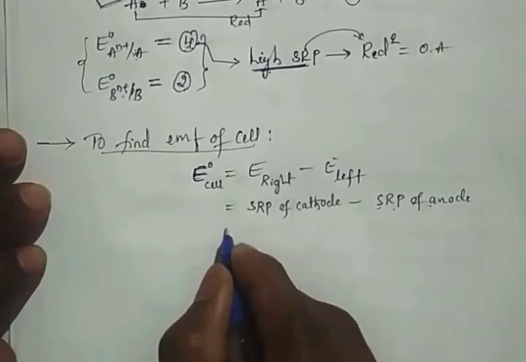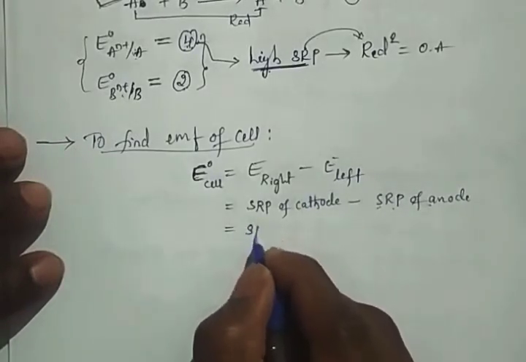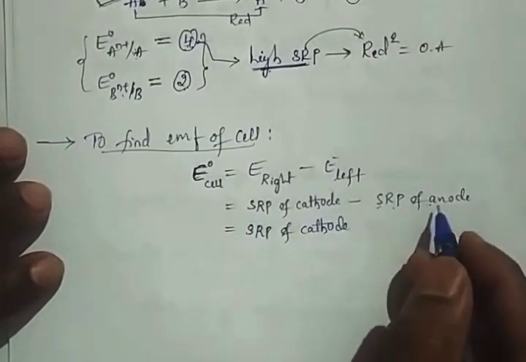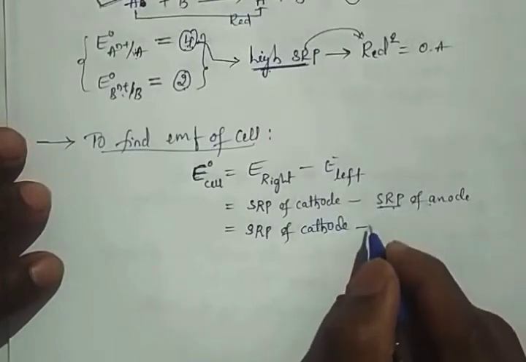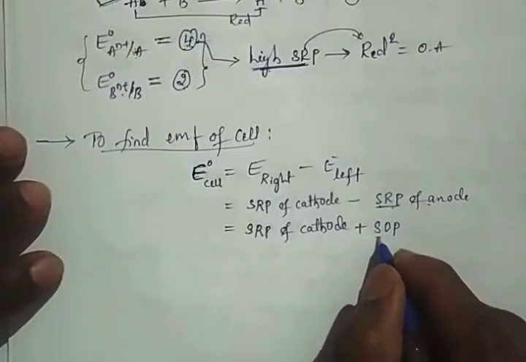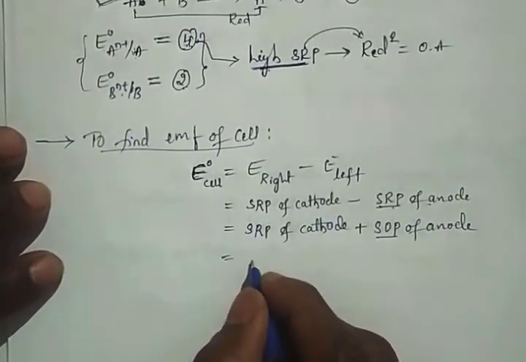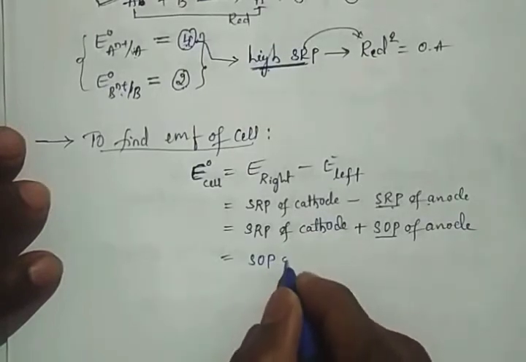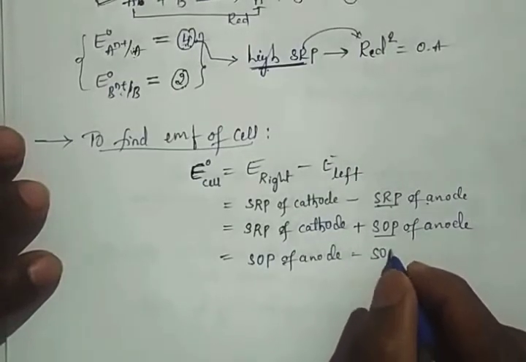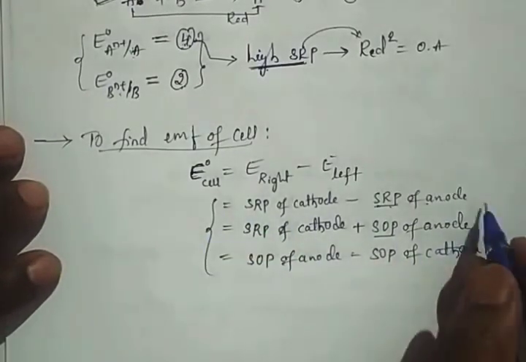Suppose instead of SRP, oxidation potential values are given. Now the standard reduction potential of the cathode, I am changing this SRP into SOP, so plus, because the sign changes: the standard oxidation potential of the anode minus the standard oxidation potential of the cathode, also we can write. These are the different forms.